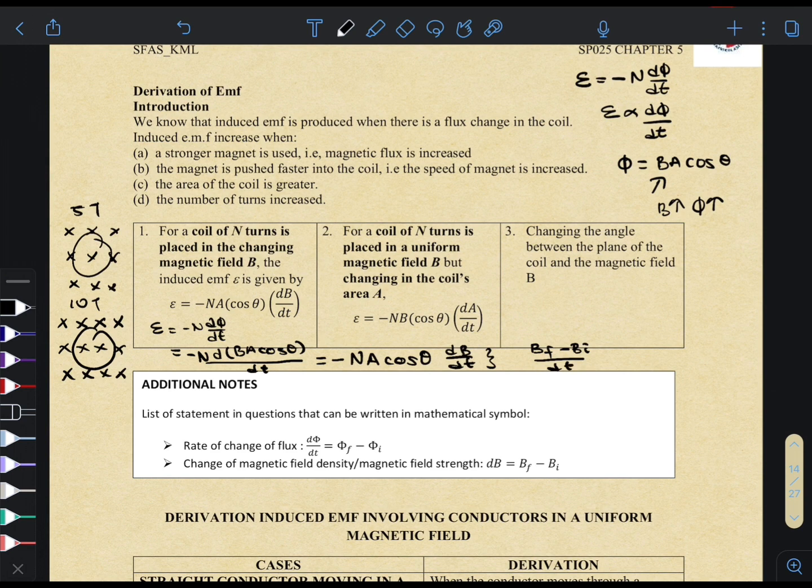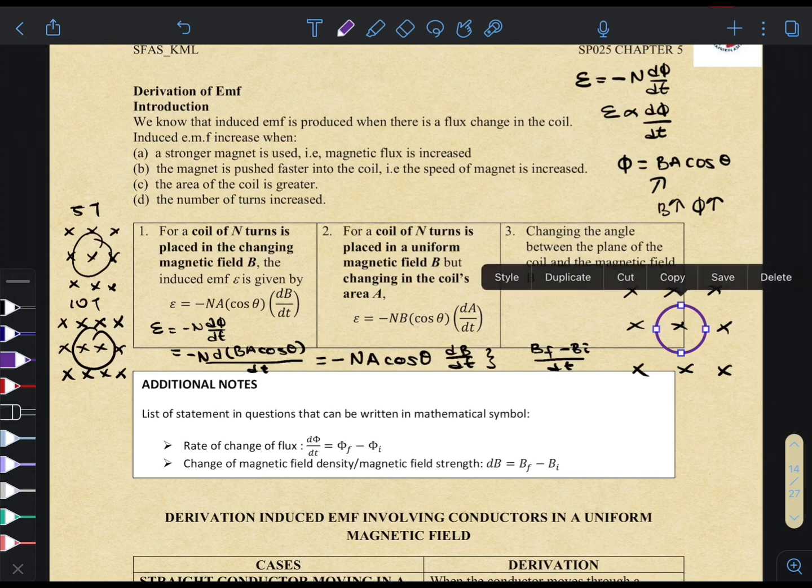Okay, so same goes for when you have N turns placed in a uniform magnetic field but changing in the coil's area. Okay, so what will happen is now we are going to change the area. You still use the same magnetic field. Okay, we have the same magnetic field, say 5 Tesla here. Only initially you have the area of this circle or coil as, say, 2 meter square, and then suddenly you increase the area.